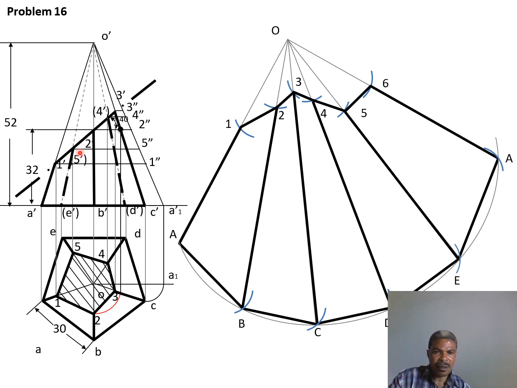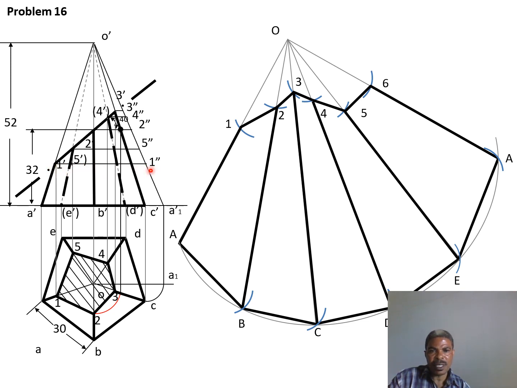Here, 5, you can see this 5 here, there is a 5 dash here. 4, there is a 4 dash here. And 3, there is a 3 dash somewhere there. 1, there is 1 dash here. From this 1 dash, you can now project a line parallel to the horizontal line until it meets our true length of the slant here.